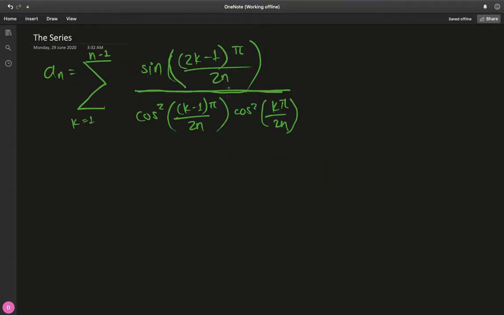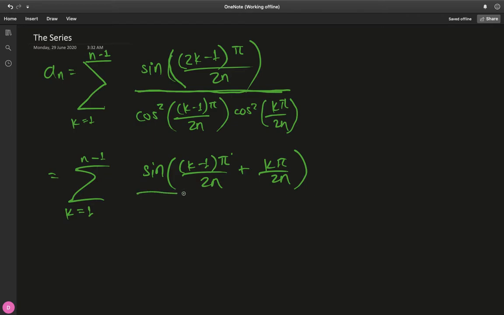Okay, so we have a sub n defined this way. I want to write this as the sum from k equals 1 to n minus 1 of sine of (k minus 1) pi over 2n plus k pi over 2n, because if you add them you get (2k minus 1) pi over 2n, just like we originally had.